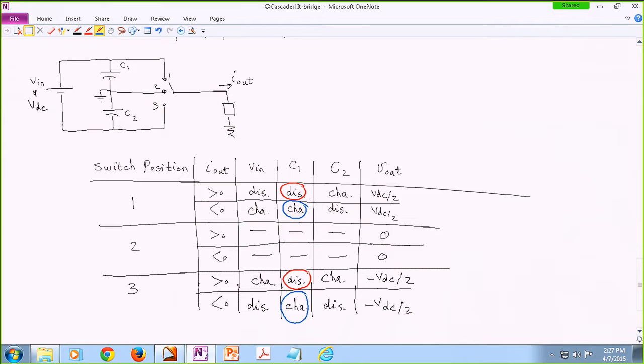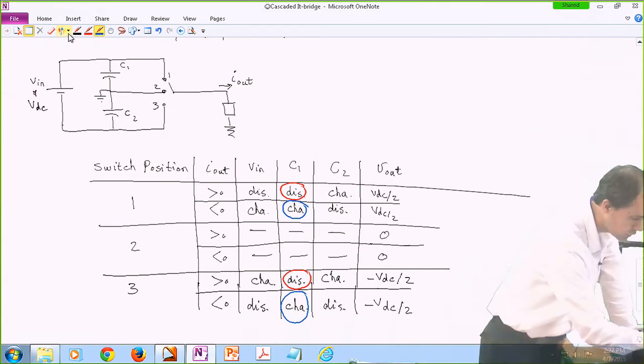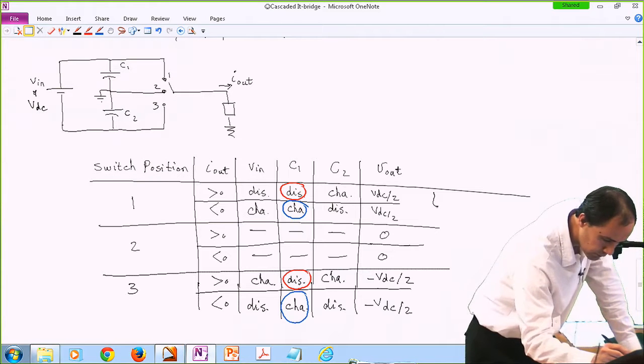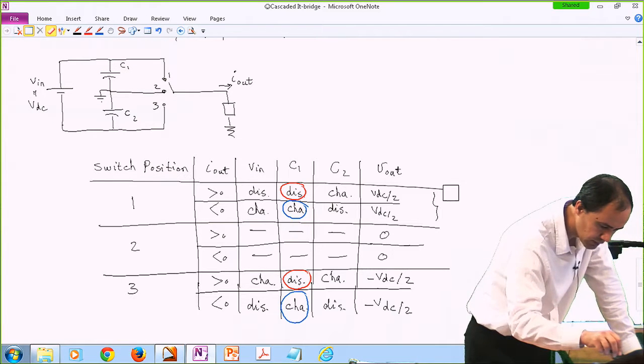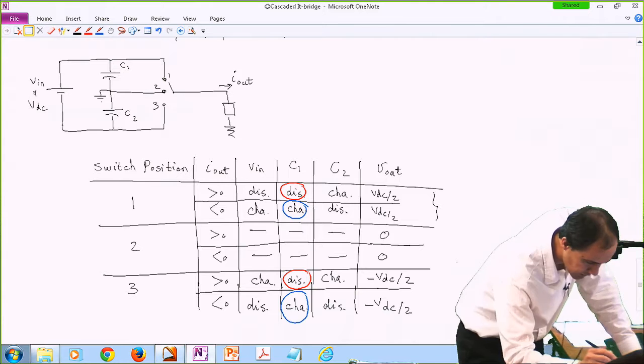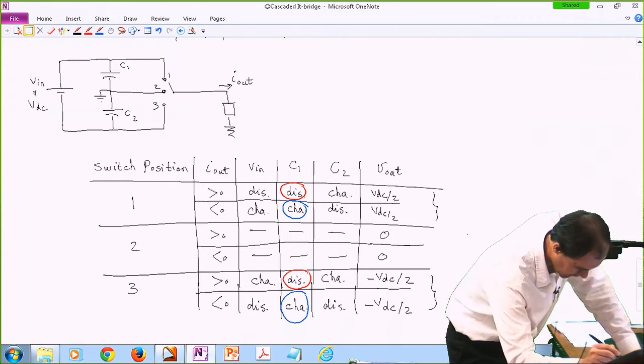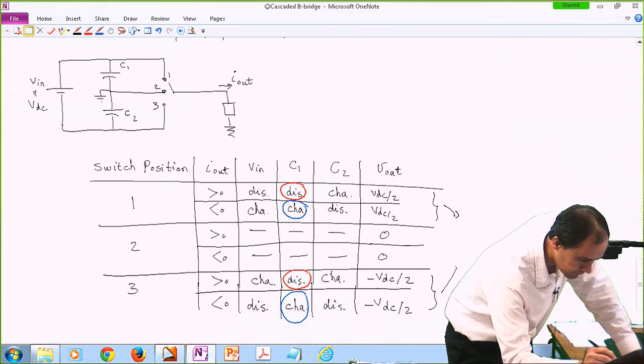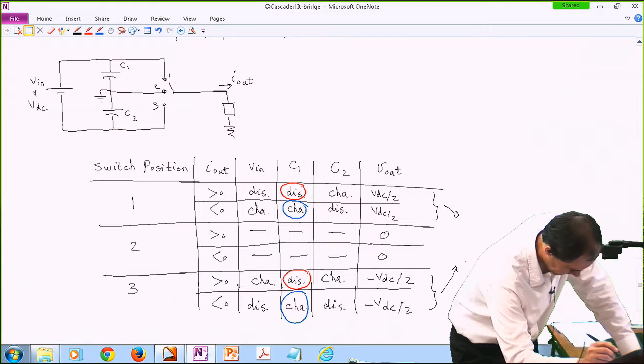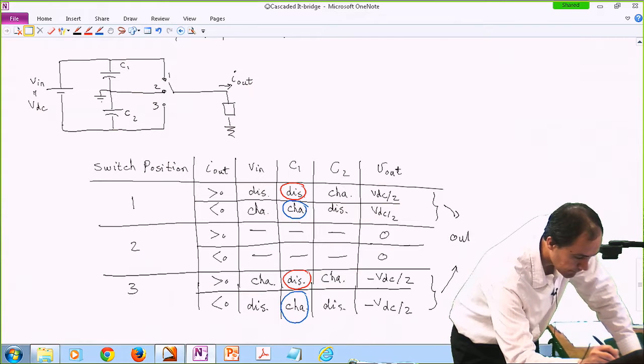Otherwise, gradually, the voltages of the capacitors are not equal with each other. So we kind of have a bipolar output voltage. We have some output voltage that is positive here, and then some output voltage that is negative. So the output voltage is bipolar.